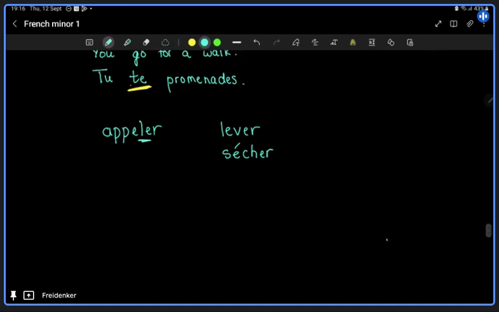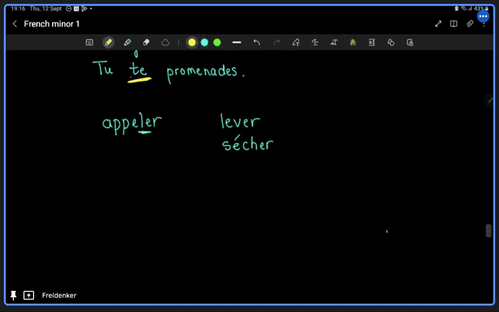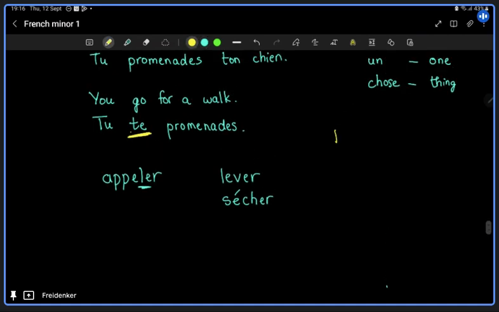Prendre is irregular, so let me write it. Prendre means to take. I think it's in one of the worksheets. You just have to find where it is. I'll try uploading all the French worksheet answers. You'll find the prendre conjugation there. It means to take. To give was donner. We looked at it, right? ER verb. To take is prendre, but it is irregular.